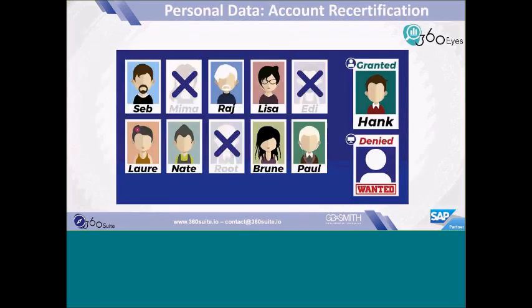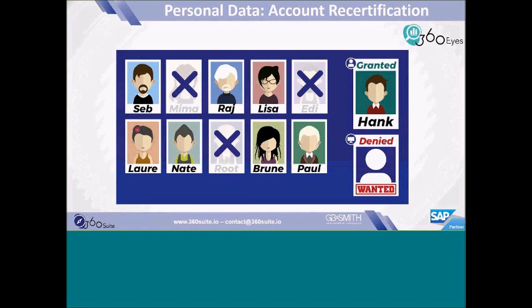Now, account recertification is something that we hear a lot that policymakers want implemented. So this is simply to make sure that the security model that you have in place is still relevant with the latest changes. So there will be things like people who have moved teams, people who have left the company, people who have rights to do things because it's part of their jobs, but it turns out they never use those rights.